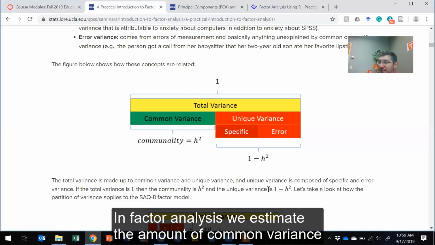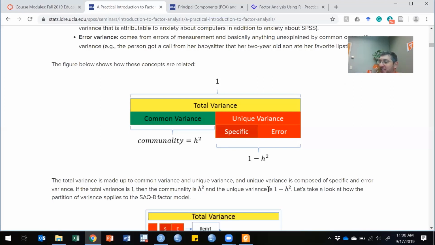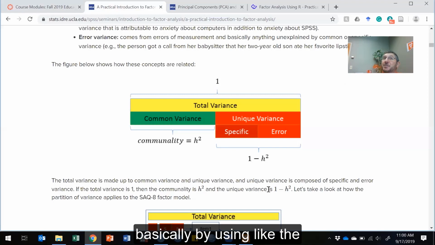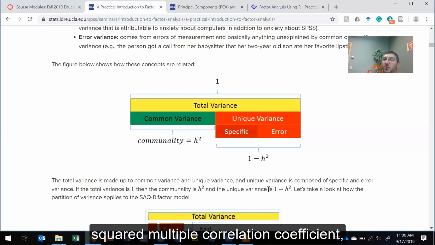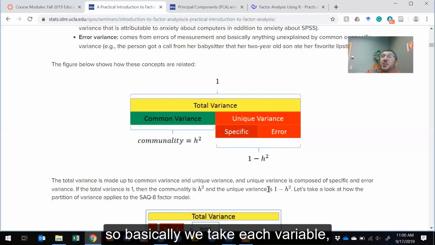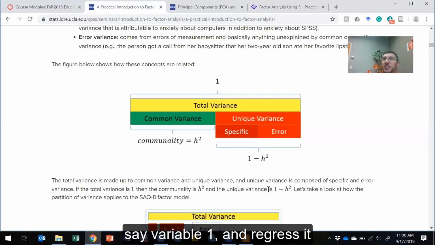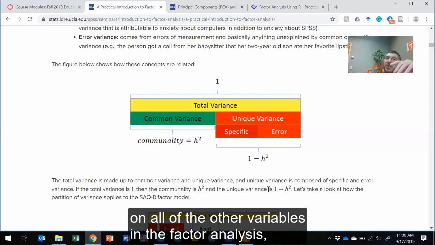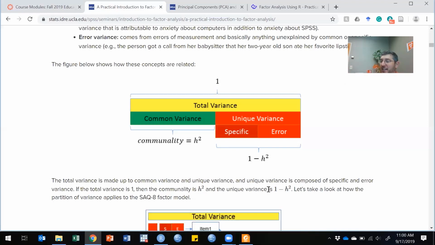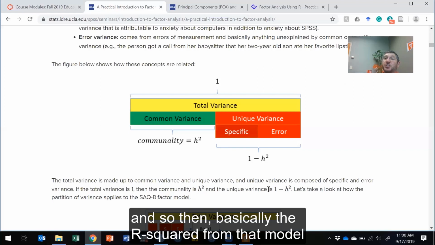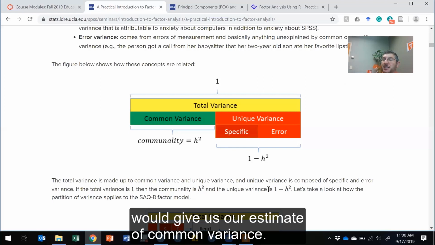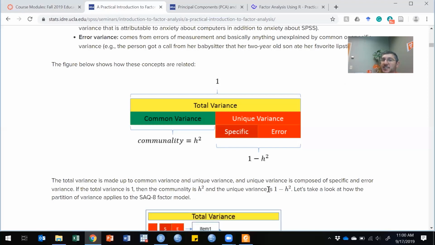In factor analysis, we estimate the amount of common variance basically by using the squared multiple correlation coefficient. We take each variable, say variable 1, and regress it on all of the other variables in the factor analysis. The R squared from that model would give us our estimate of common variance.